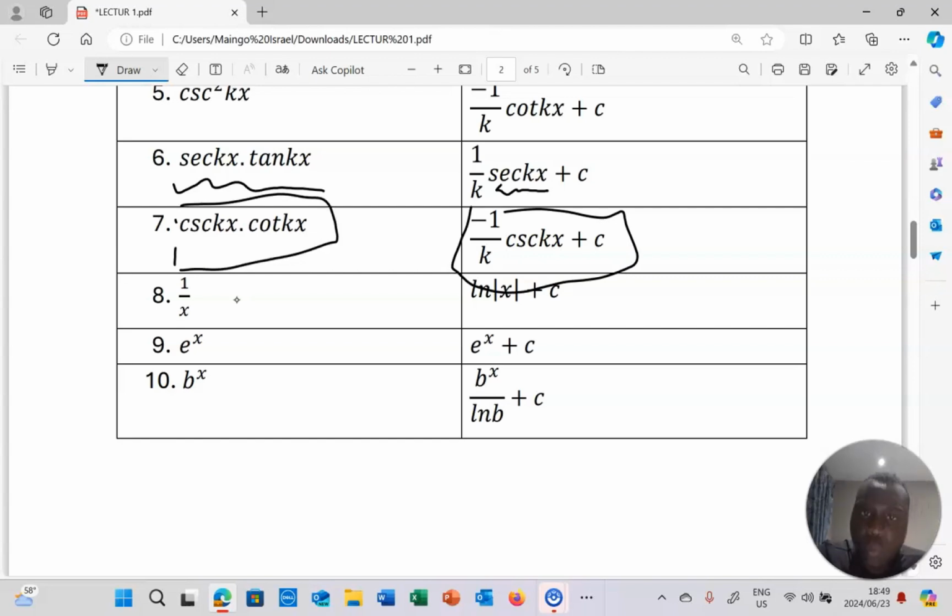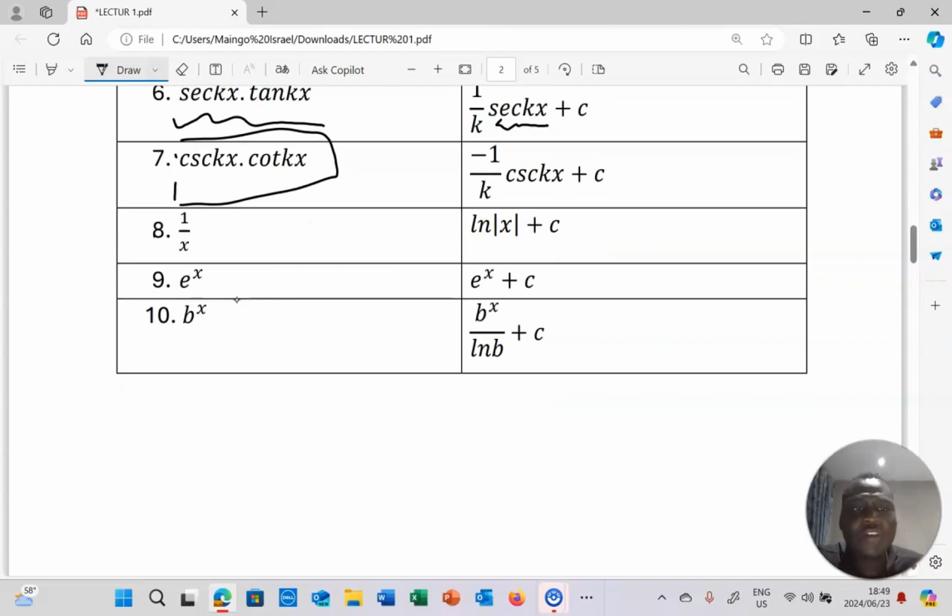To have it positive, we need negative again: minus 1 over k times cosec kx plus a certain constant. So that's what is happening.